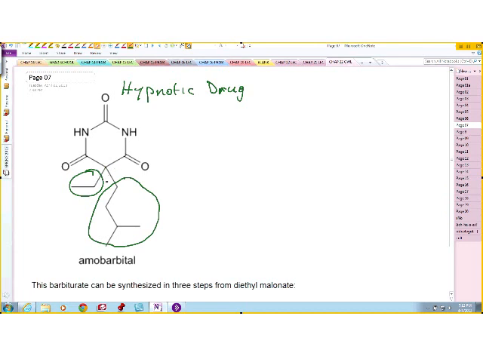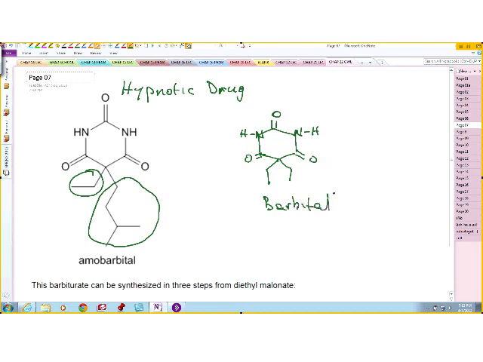Depending on the type of alkyl group you have here, they actually have well over 1,000 of these molecules used as different types of drugs, and each one of them has different functions. For example, this one here is called barbital.